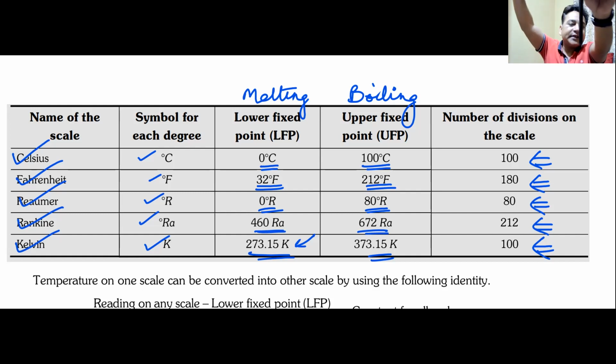After some time, this thermometer and the freezing water will come into thermal equilibrium. They will have the same temperature. Mercury will settle down to a point. That point where mercury settles, if it settles here, I mark this point as what?